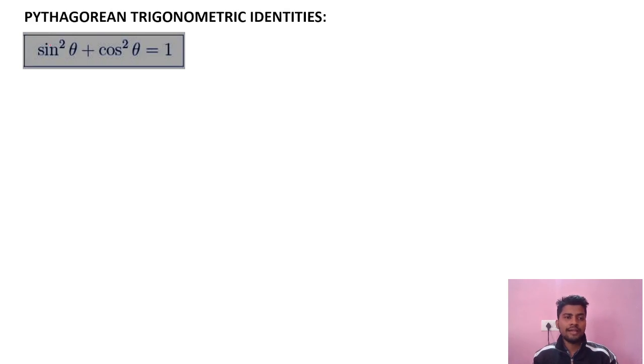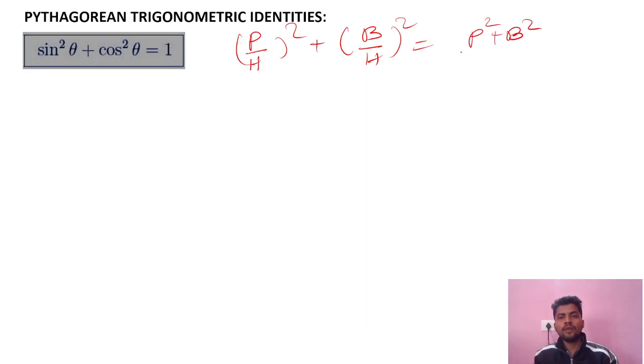As we know, sin theta is p upon h, so p upon h whole square plus cos theta is b upon h whole square. The LCM will be h square, and in the numerator it will be p square plus b square upon h square. Now p square plus b square is h square according to the Pythagoras theorem. So h square by h square leads to 1. So what we got: sin square theta plus cos square theta is equal to 1. Okay, it's very easy.